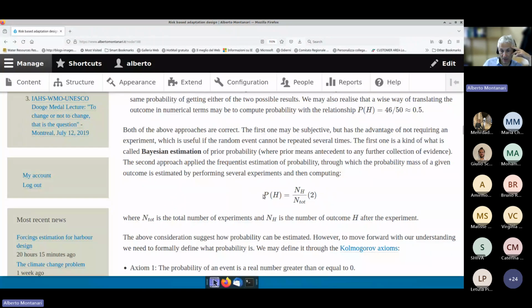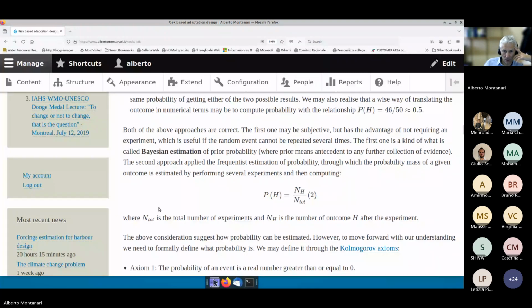So the probability of getting a value h is given by the number of outcomes that are equal to h, divided by the total number. And let me say that with this equation we are forgetting to specify that n total must be large.